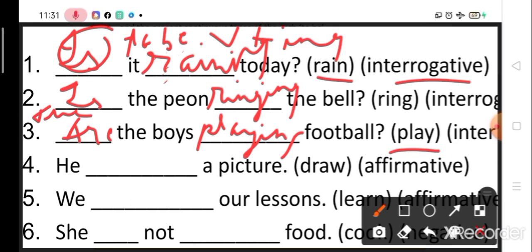Now children, you must have seen that in two sentences I have used is, and in the third sentence I have used are. Now why is it that sometimes I am using is and sometimes I am using are?